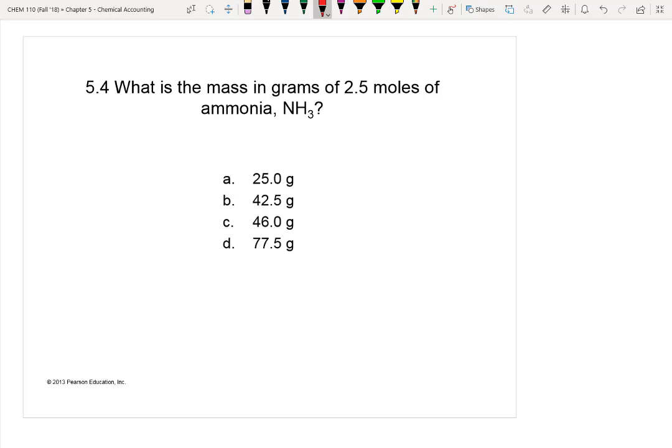So before we do this problem, what do we need to know? Does anybody want to help me out? We've got to have some sort of conversion. Yeah, the molar mass, right? So if we think about this, we need to find the molar mass of ammonia.